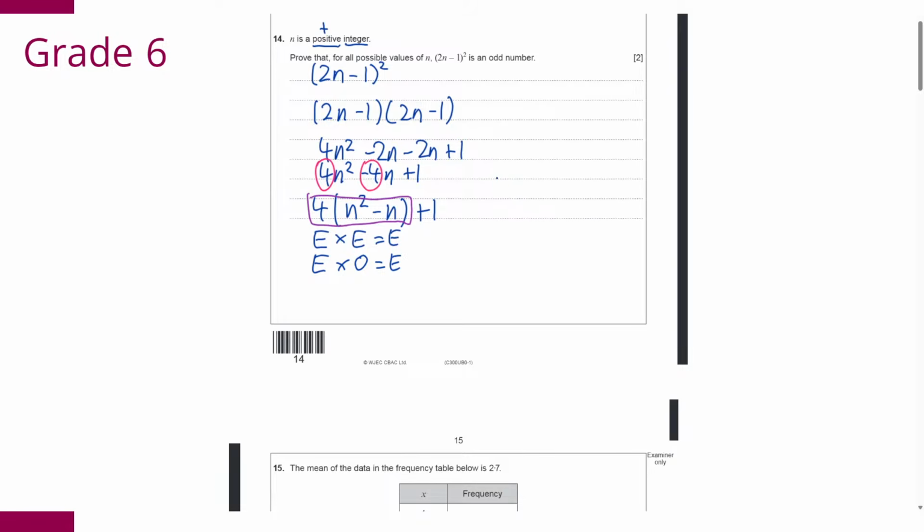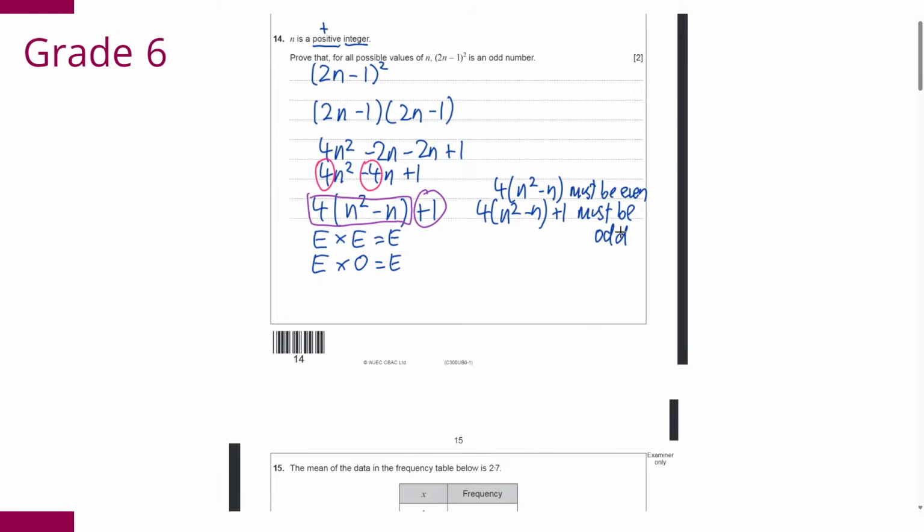So you write down 4 brackets n squared minus n must be even, and then whenever you add 1 to an even number, you'll get an odd number, right? So +1 must be odd.